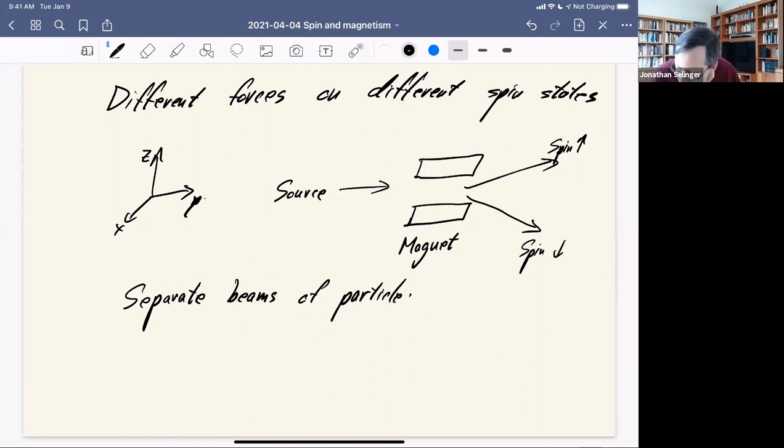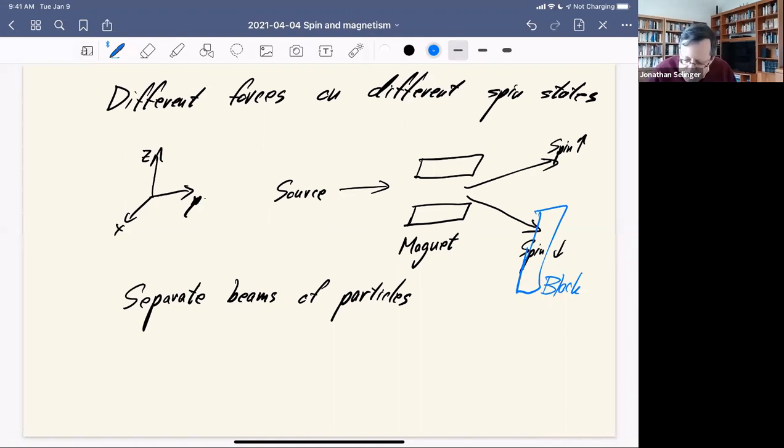You could say, oh, well, I only want my spin up electrons, so I'll only look at this beam, or I only want spin down electrons, so I'll only look at this beam, okay? So if you only want one beam and not the other, then maybe in the lab, you could put a blocker somewhere, just block this one, and then you'll only see the spin up beam.